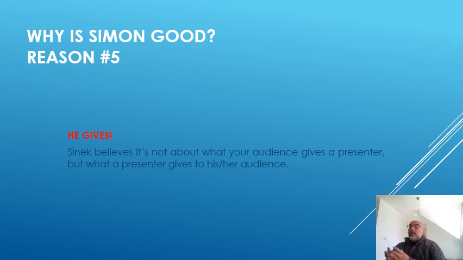We have to see the audience even before we appear in front of them. We have eye contact with them. But we have to see the audience as people who are to be given something by us. We are going to give our content. We are going to give our emotional tone to these people. That's why we have to consider ourselves as givers, not as takers.